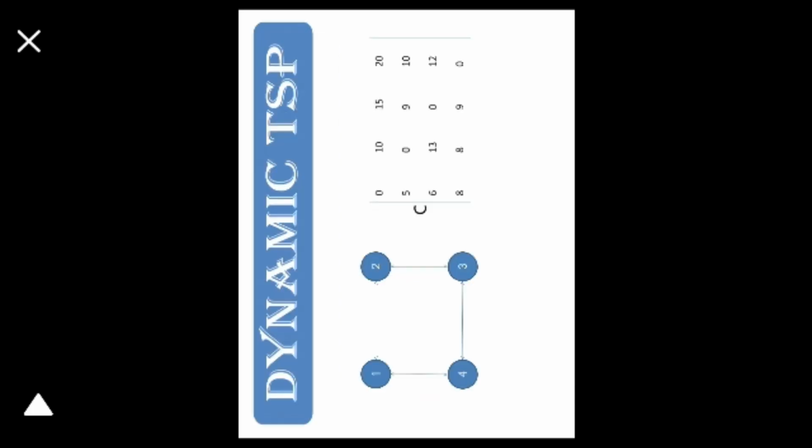So let us consider a graph indicating the cities, and the distance from one city to another city is represented using the cost matrix. Here there are 4 cities, so we should write 4 rows and 4 columns: row numbers 1, 2, 3, 4 and column numbers 1, 2, 3, 4.